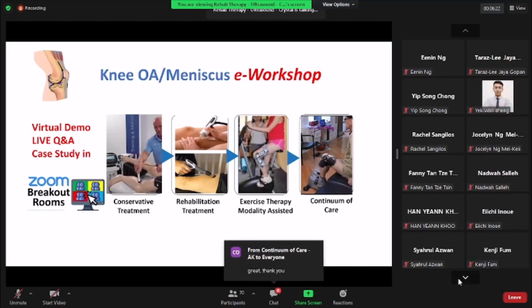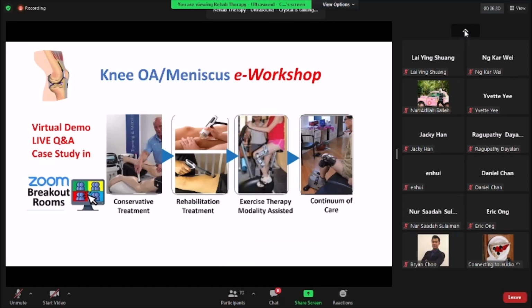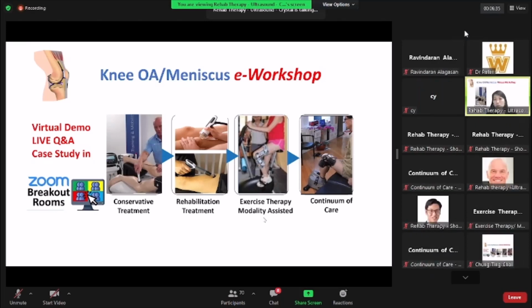He's a physical therapist from DJO Hong Kong. And then the third station is exercise therapy with modality assisted, presented by Jenny Yim from Welcome Malaysia. And another station is Continuum of Care, presented by Sing Yi, product specialist from Welcome Malaysia.